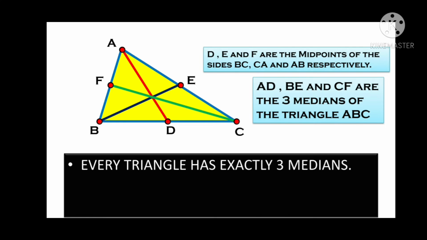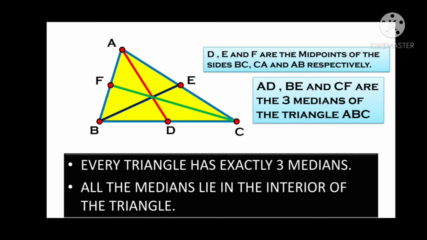Every triangle has exactly three medians, because we have three sides and three vertices. All the medians will lie inside the triangle, that is the interior of the triangle, because the midpoint is always inside the triangle. So the medians also will be in the interior of the triangle.